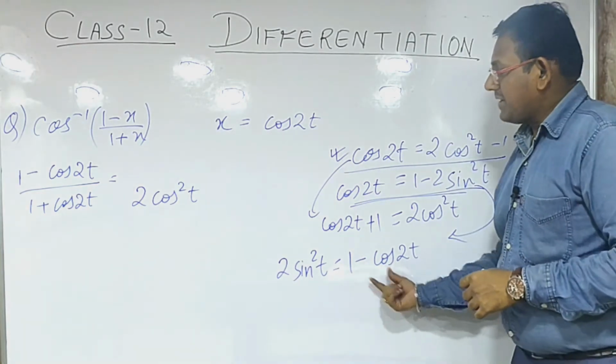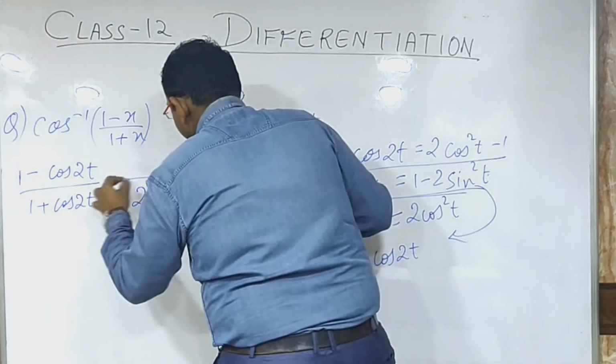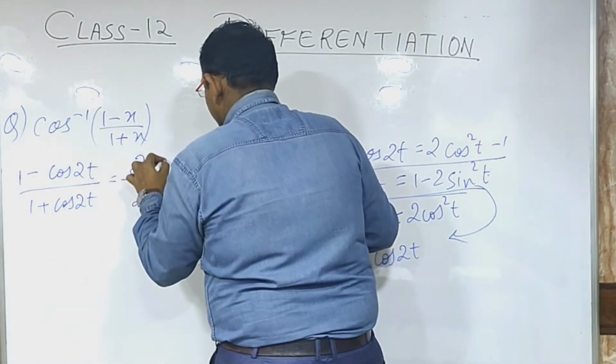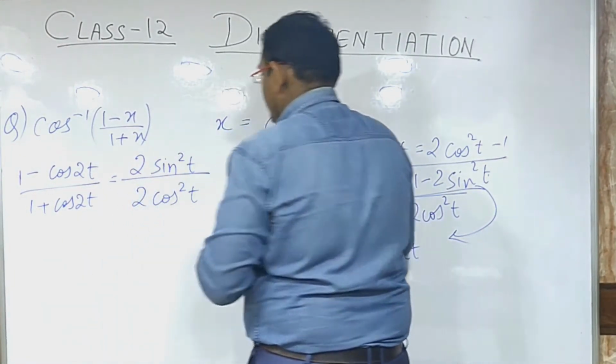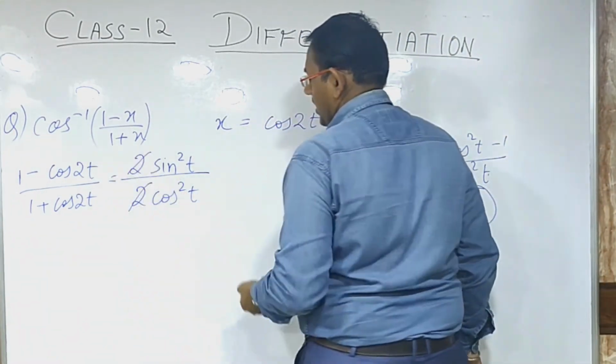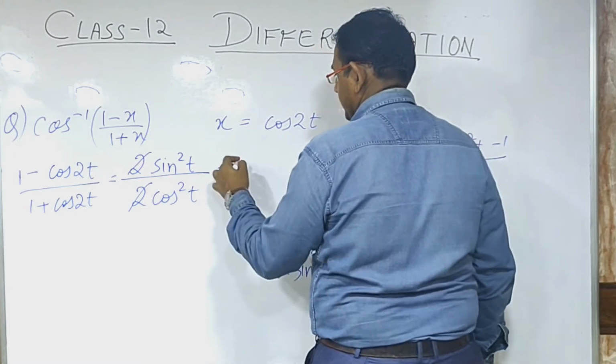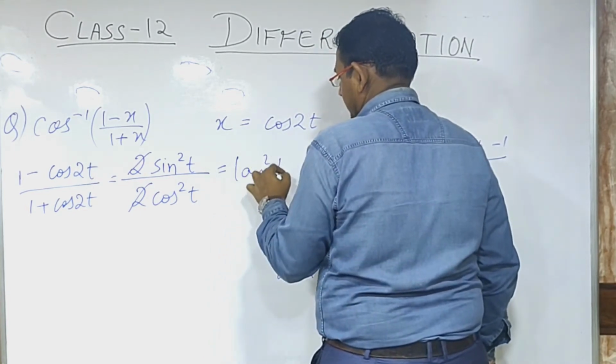This is the part present in the numerator. So we substitute 2 sin square t in the numerator. Now this 2 and 2 will cancel out, and this becomes tan square t.